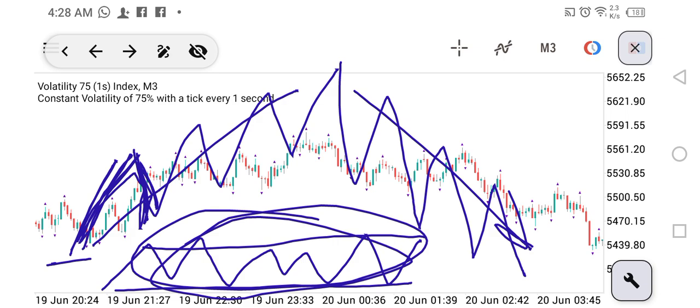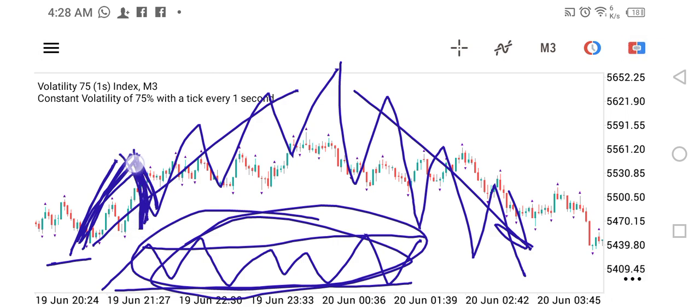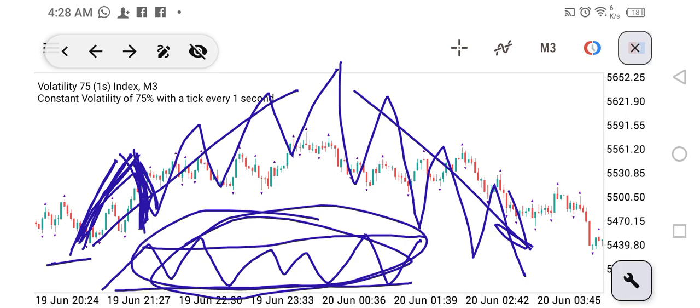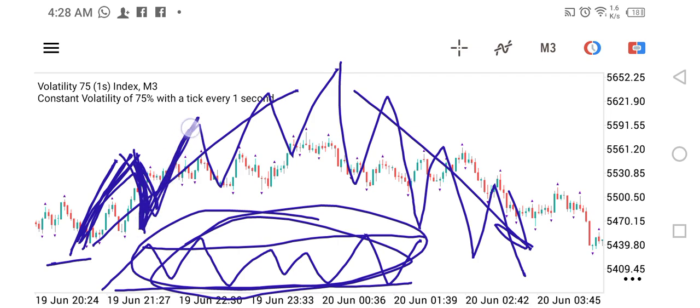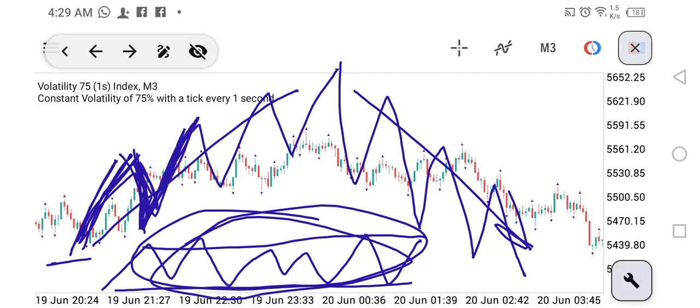Some people mistake this pullback as a downward movement, and then you see people selling in a pullback, whereas the trend is actually bullish. That would be a mistake, and you would get trapped. If you're trading against the trend, you are most likely going to get stopped out. Your account is not going to be happy with you for that.